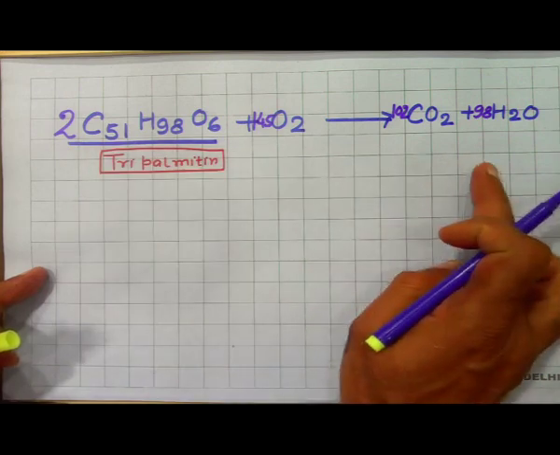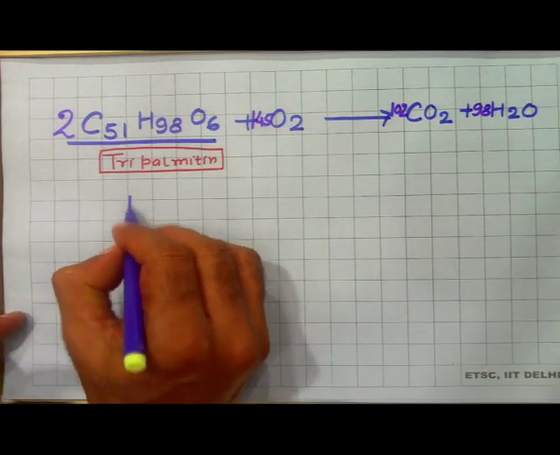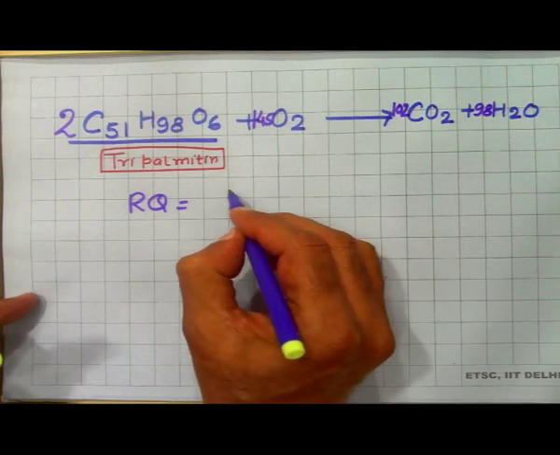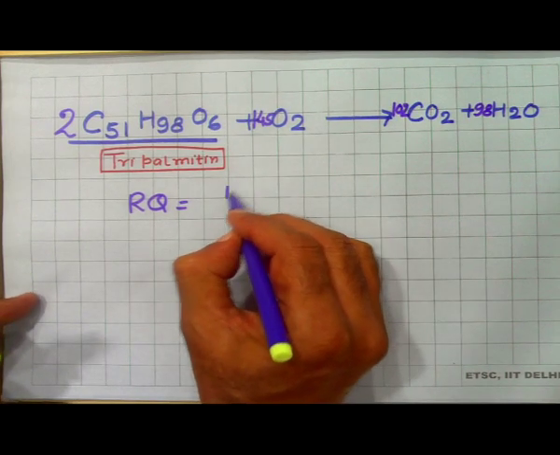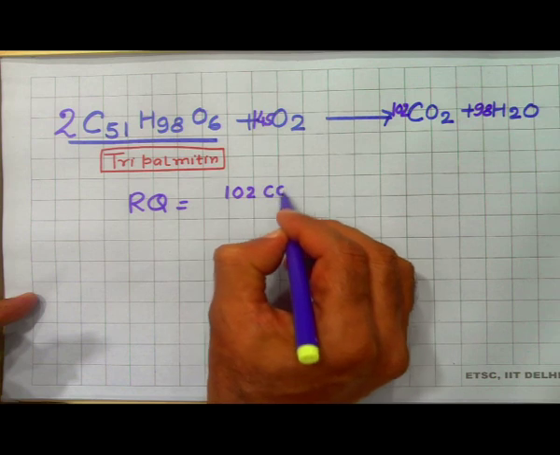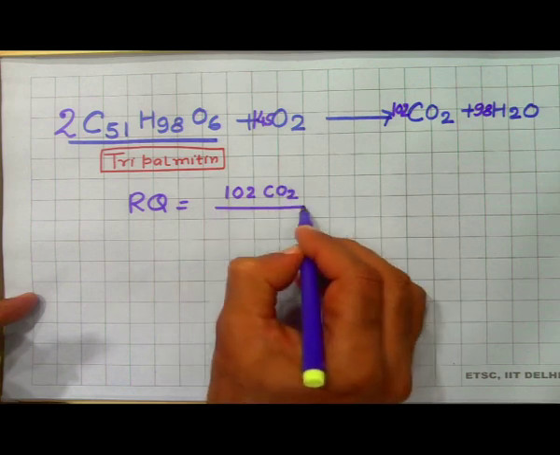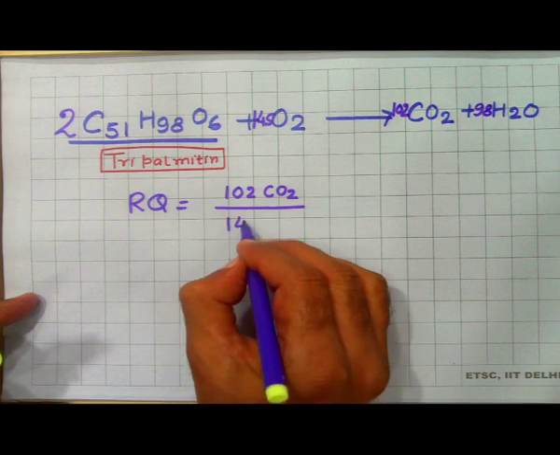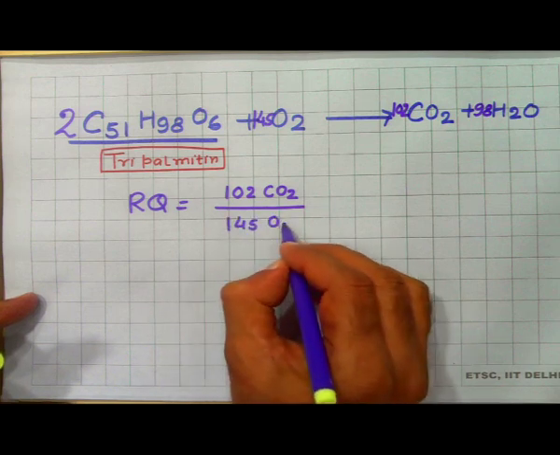Now, it is balanced. Now, what is RQ? Volume of CO2 evolved, that is 102 CO2, divided by volume of oxygen consumed, that is 145 O2.